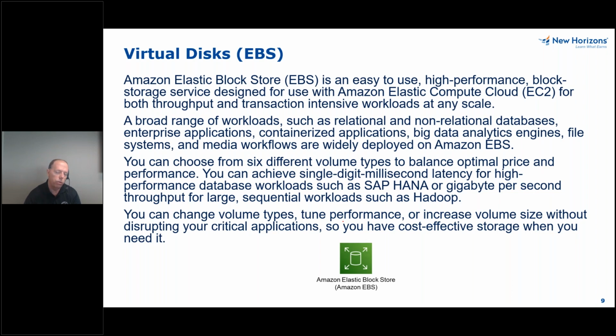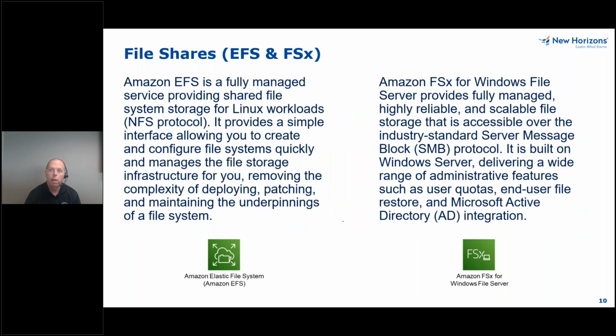Our next storage technology here, and again, we're just going to transition from one to the other here. They're all different. File shares. If you have on-prem data that is some kind of a file share, now it could be a Linux or a Unix share. That would be the NFS protocol.